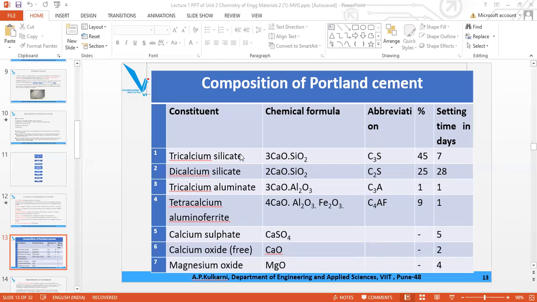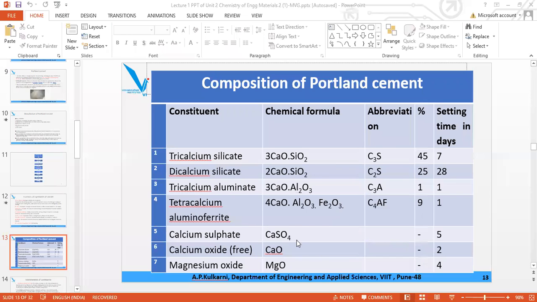Tricalcium silicate means 3CaO.SiO2. Dicalcium means 2CaO.SiO2. Tricalcium aluminate means 3CaO.Al2O3. Tetracalcium aluminoferrite is 4CaO. Tetra means 4. Al2O3, alumino, and ferrite is Fe2O3.